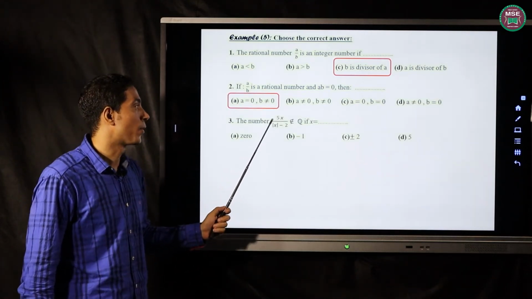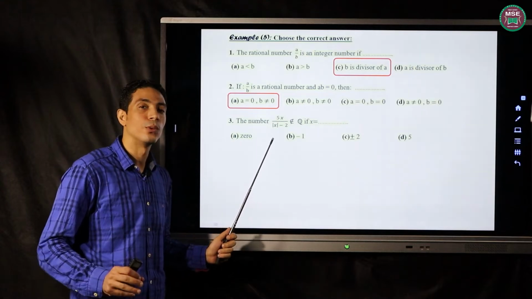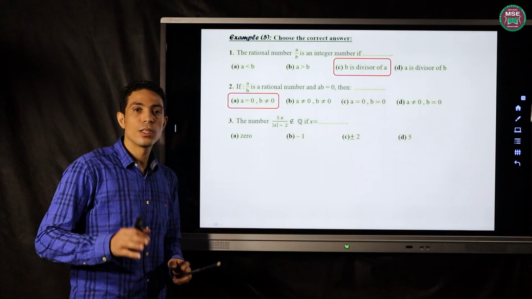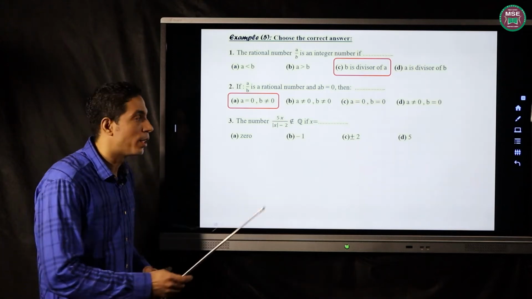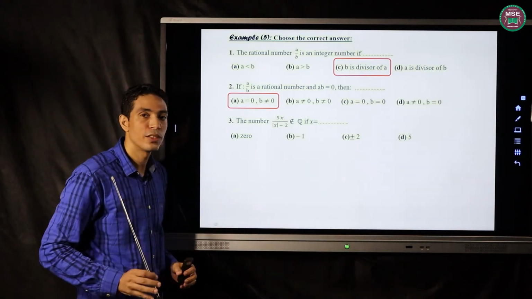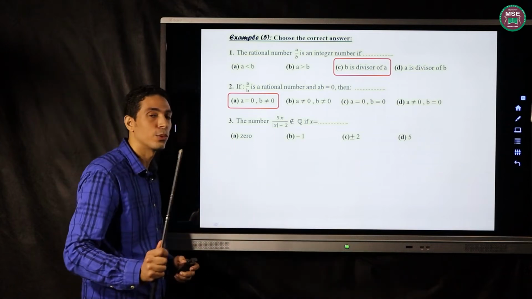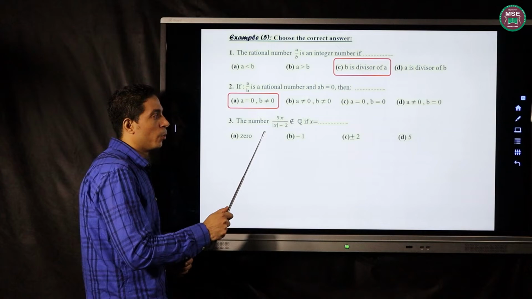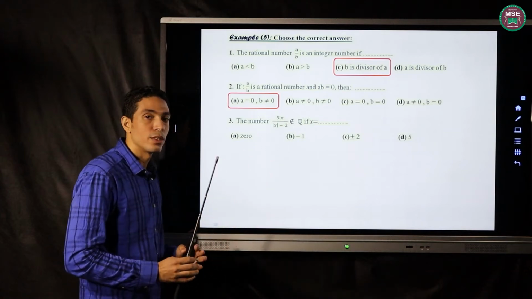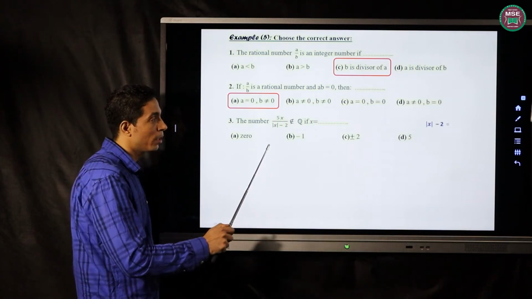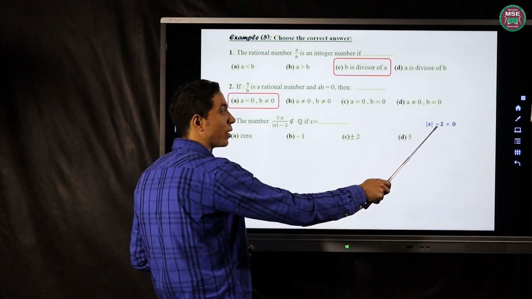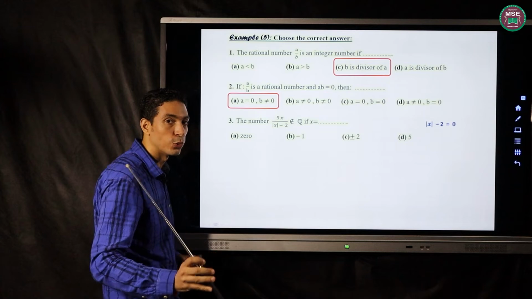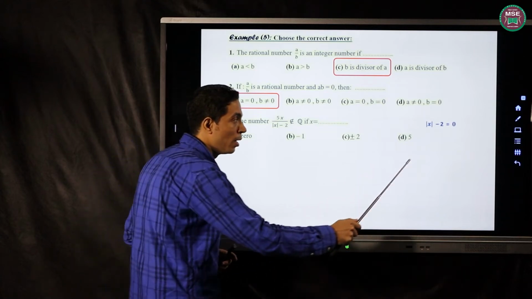Number 3: the number 5x over the absolute value of (x minus 2) doesn't belong to Q. Because it doesn't belong to the set of rational numbers, the denominator must be equal to 0. Then x equals what? We take the denominator and make it equal 0. The absolute value of (x minus 2) must be equal to 0 to make this fraction not belong to the set of rational numbers.